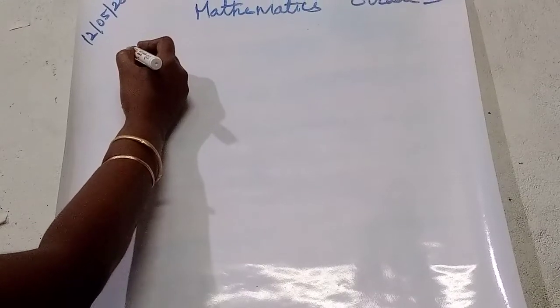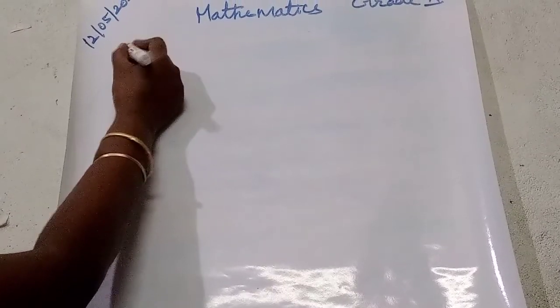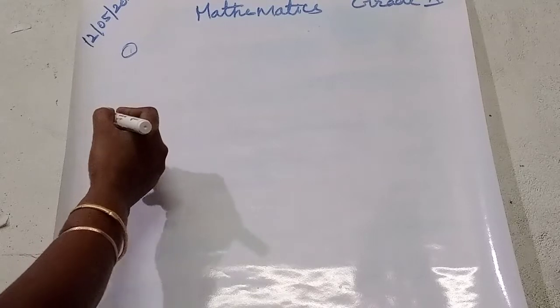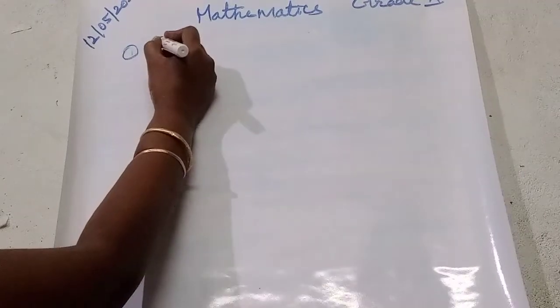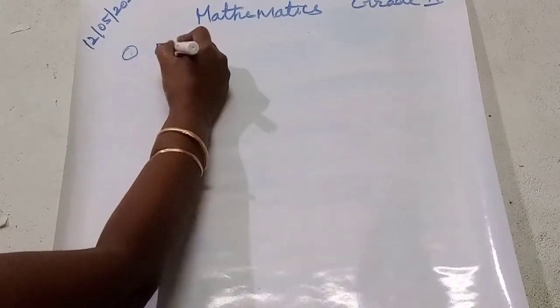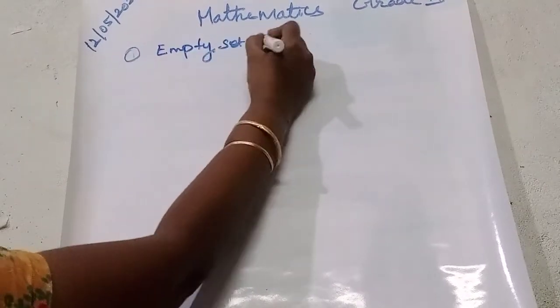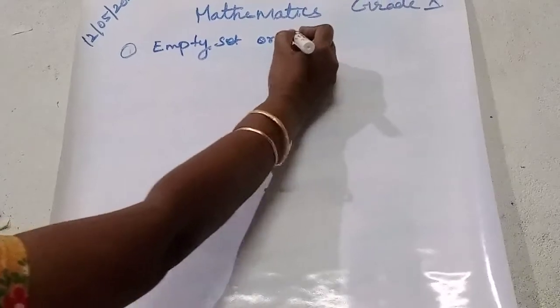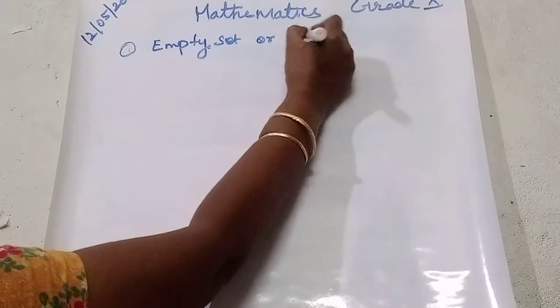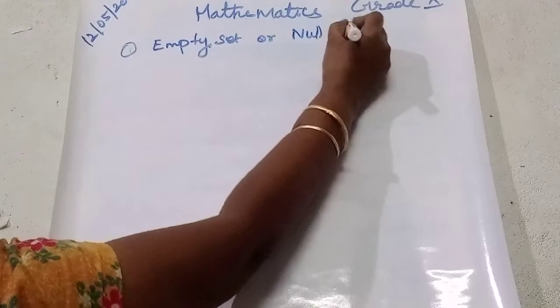Let us write the definitions one by one. So you can take a rough note and write along with me. First one, empty set or null set.